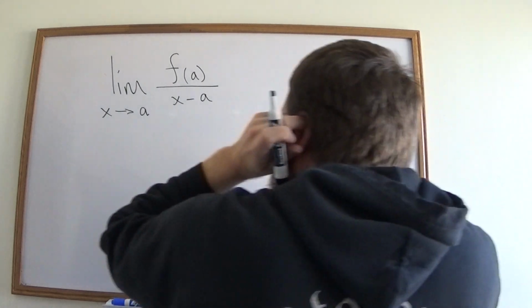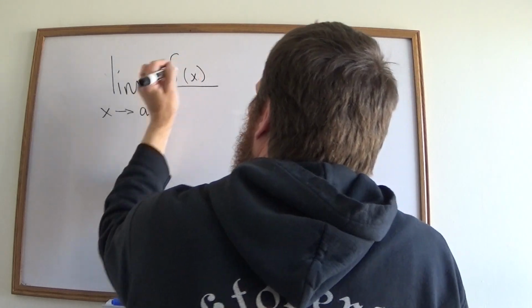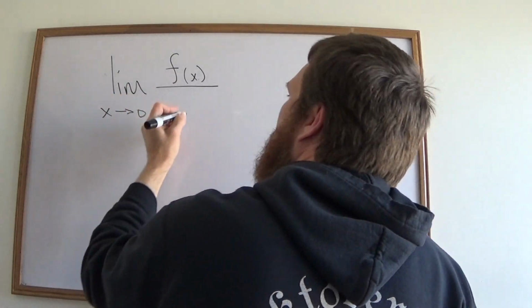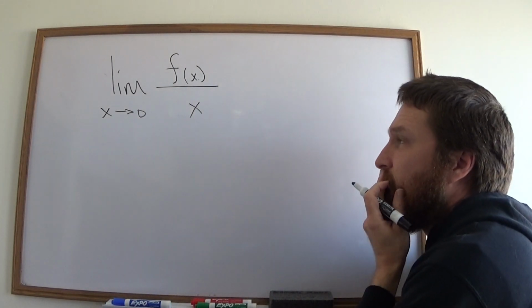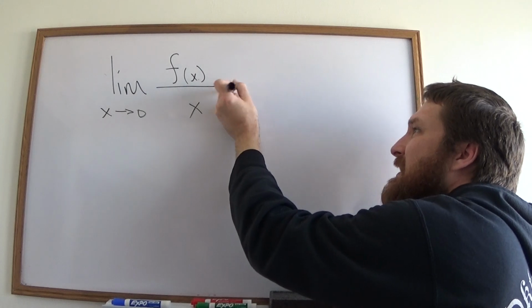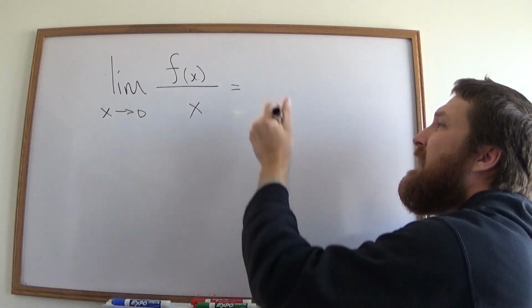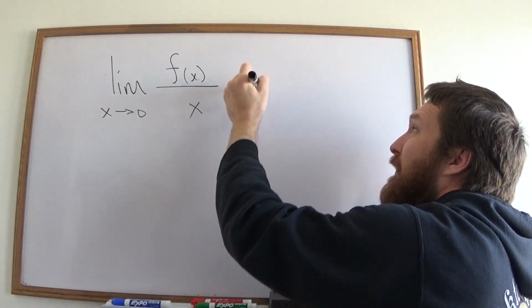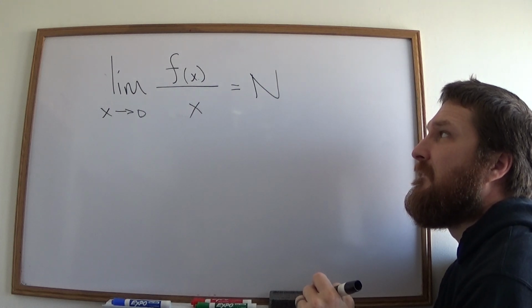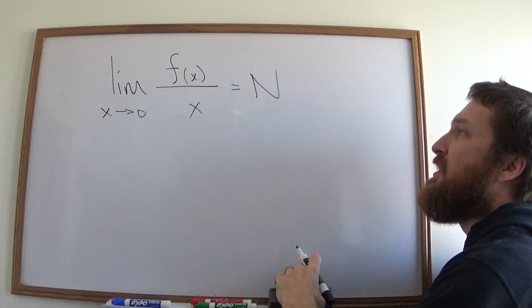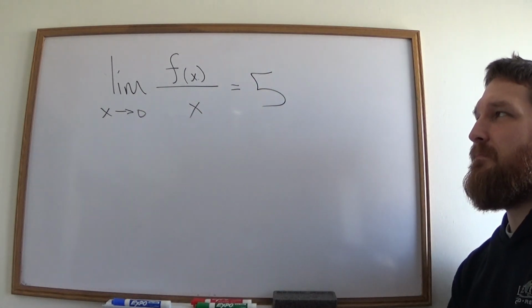Oh, f of a, sorry, that should have been an x. Let's just make it much easier. Let's say you have a limit like this, and I'm telling you it is equal to some finite number. Let's say 5.